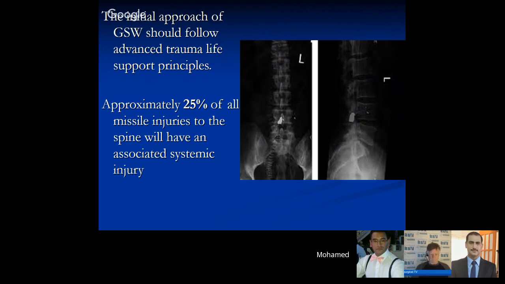The initial approach of the gunshot wound to the spine should follow advanced trauma life support principles. Approximately 25% of all missile injuries to the spine will have associated systemic injuries.